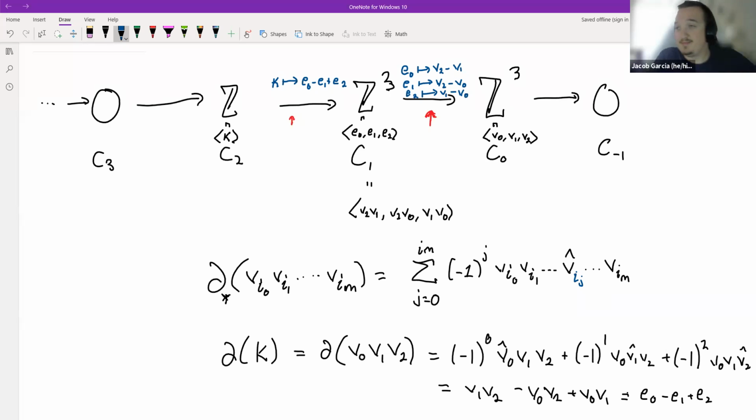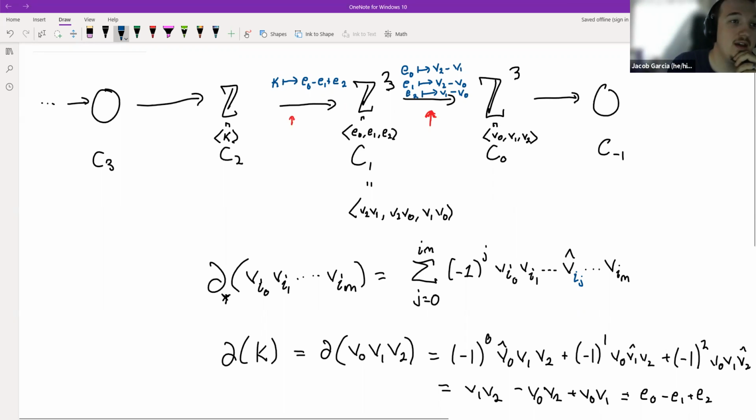Yeah, exactly. This is good because when you want to compute the homology, which is step 4, you have to calculate the kernel mod the image. So you want to know what the actual maps are because you want to be able to compute the actual kernels and the actual images.